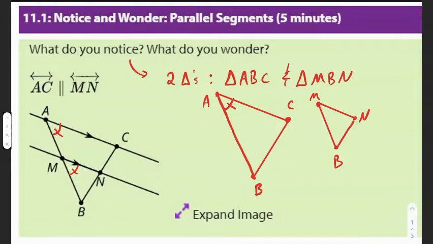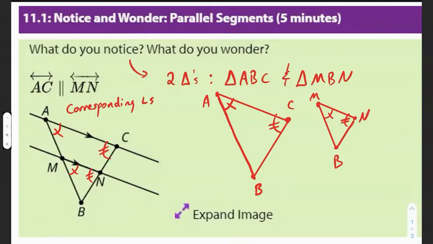Angle BAC is going to be congruent to angle BMN. Why? Because those are corresponding angles. That's something important to notice. Do we have something similar? Yeah, we have this angle congruent to that angle. So angle ACB, apologies, should be congruent to angle MNB.